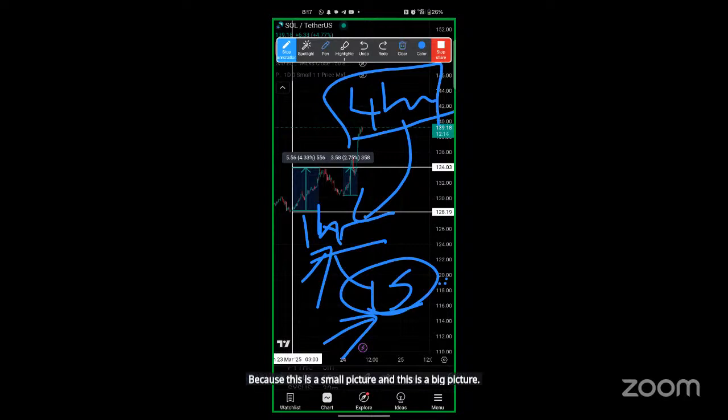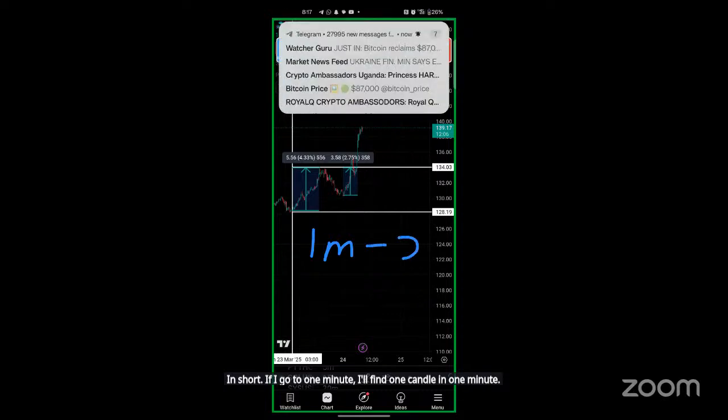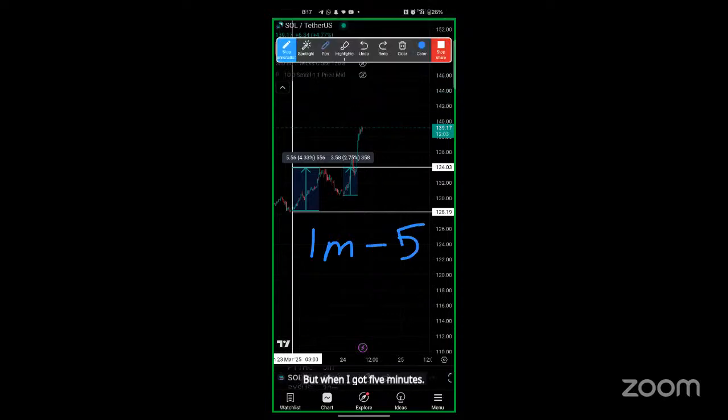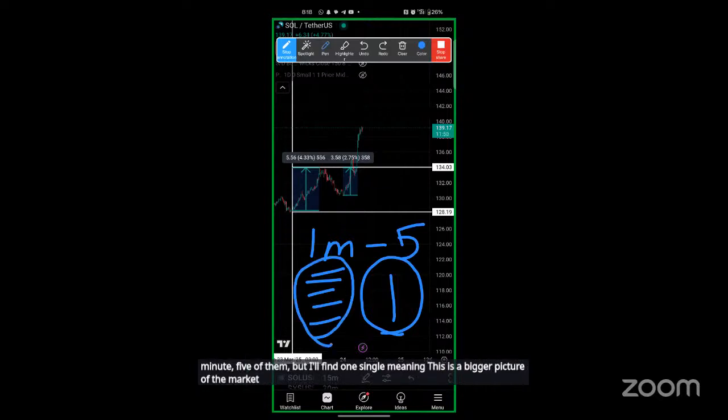In short, if I go to 1 minute, I'll find 1 candle in 1 minute. But when I go to 5 minutes, I'm supposed to find 5 candles, each of 1 minute, but I'll find 1 single candle, meaning this is a bigger picture of the market. This is a smaller picture of the market.